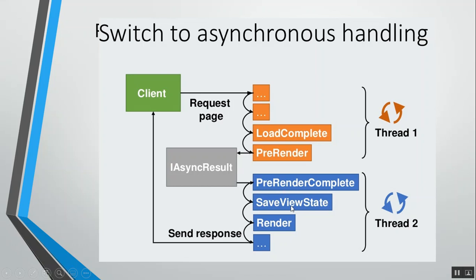Pre-render complete, save view state, and the rendering process will be performed in the second thread, and then it will be sent to the client. So here we are dividing into two separate threads, and these two threads are part of the same process. They use the same resources, but they execute in parallel. This kind of execution is possible if load complete and pre-render complete can be performed independently without interacting with each other.